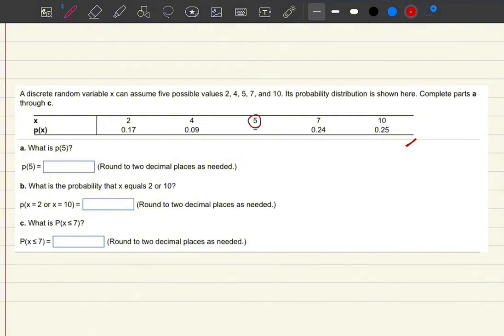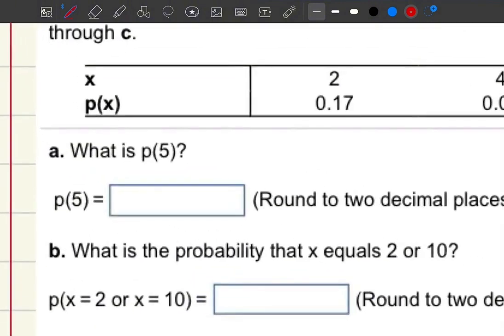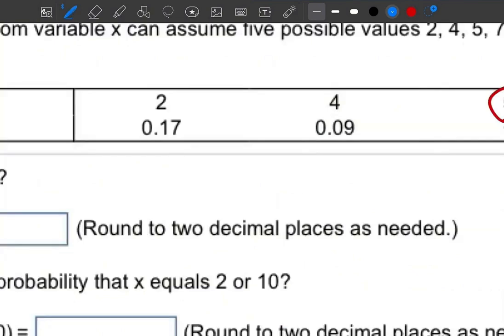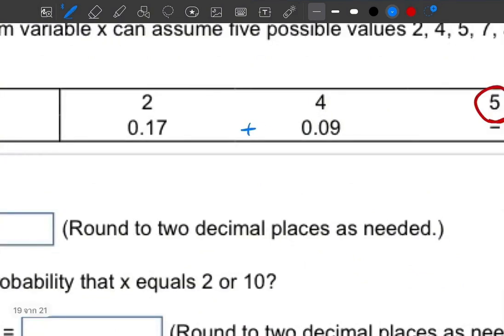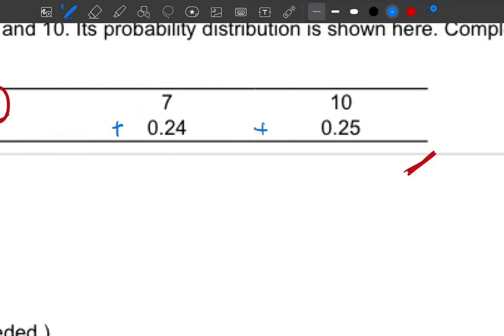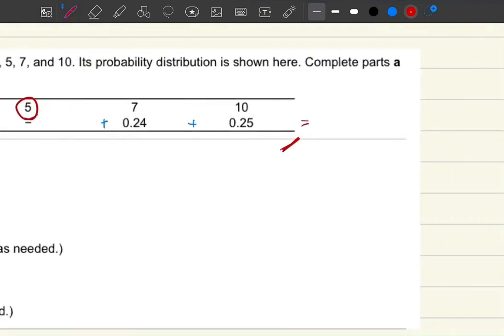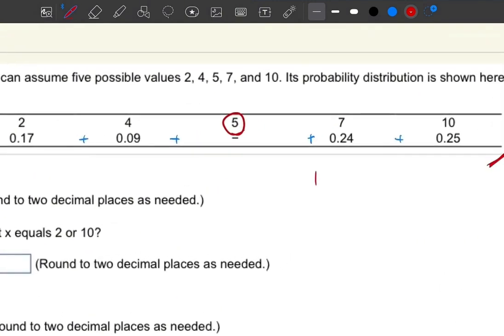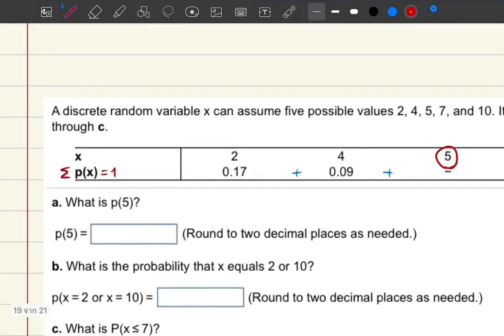As we learn, the sigma of P of x will equal to 1. The first number is 0.17 plus 0.09, 0.24, 0.25. All of these will equal to 0.75. So 1 minus 0.75 equal to 0.25.